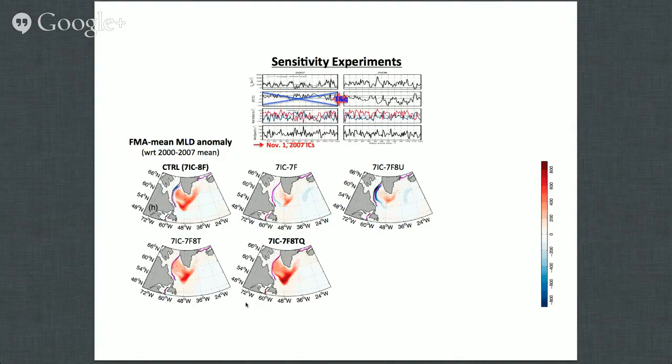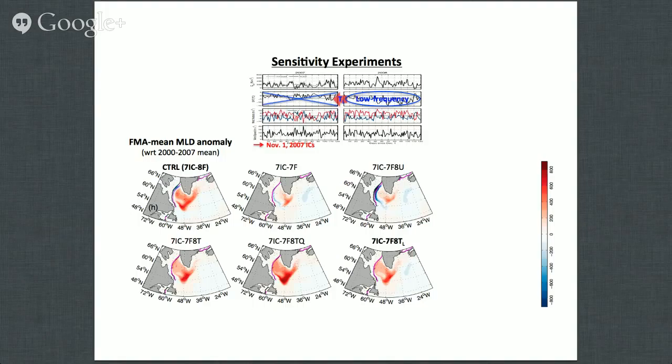Next, we further decomposed the air temperature into low and high frequency using a 30-day low-pass filter. In this experiment, we only changed the low frequency part of the 2008 air temperature, combined with the high frequency part of the 2007 air temperature.